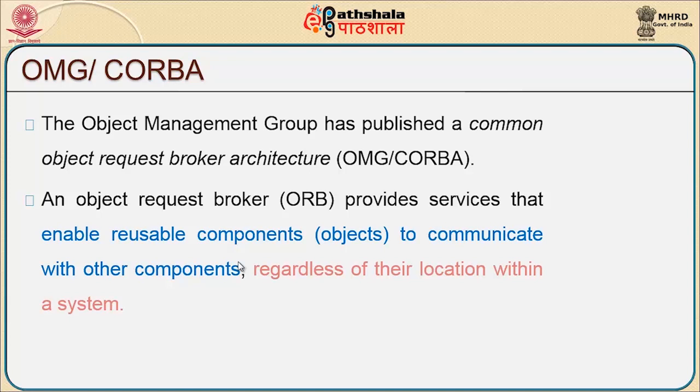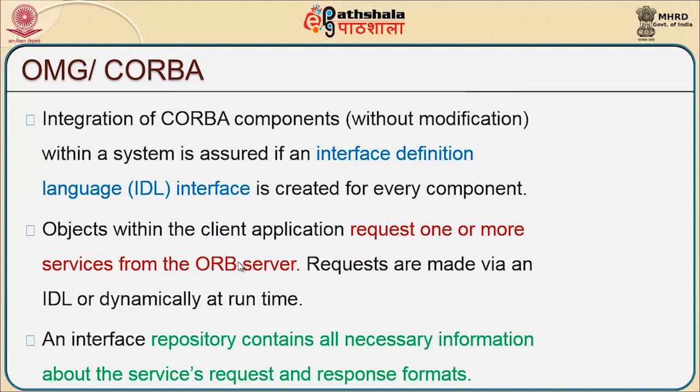By use of this ORB, any number of objects can be reused to communicate with other components regardless of their location within a specific system. Just by calling, it can communicate with others. That is what we term collaboration from the object-oriented perspective of the component model.